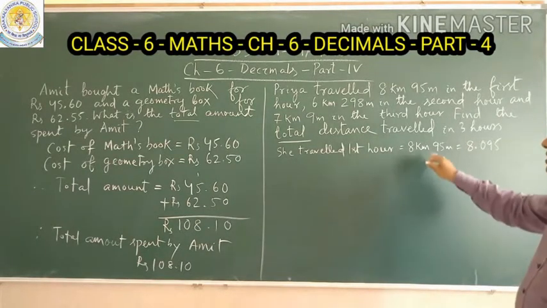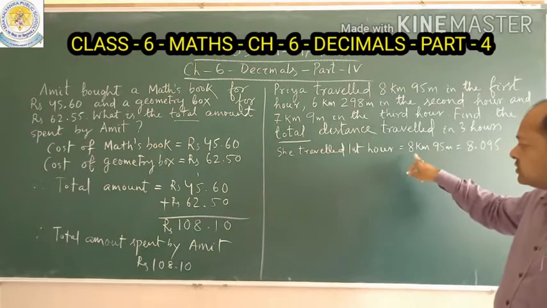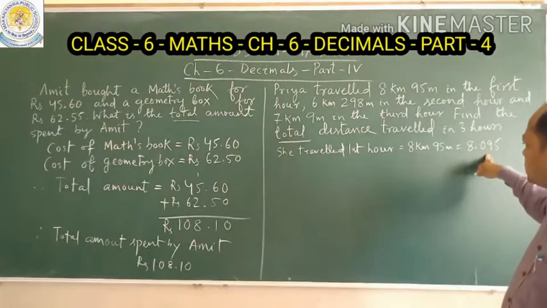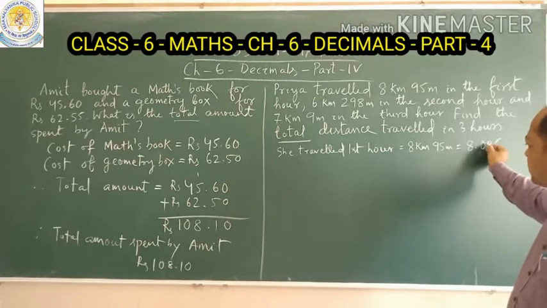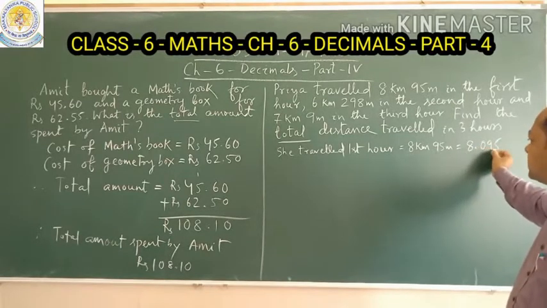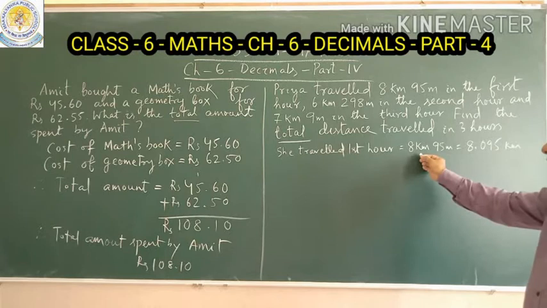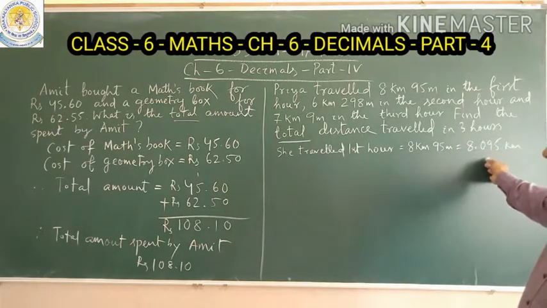Why? Because 1 kilometer equals 1000 meter. So 1000 means after the decimal how many places? 3 places. Here 2 places are given, so 1 place is short. So we write a 0 to the left of 95 so that after the decimal there are 3 places. So 8 kilometer 95 meter is 8.095 kilometer.